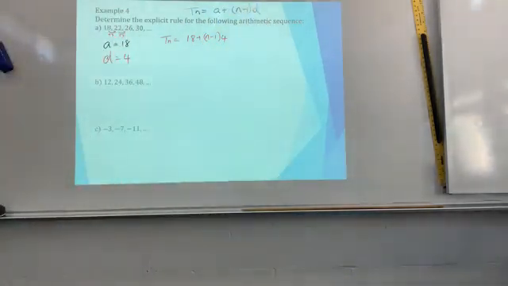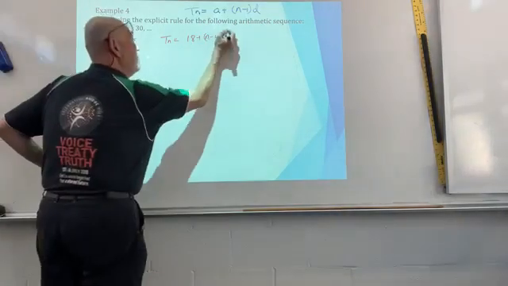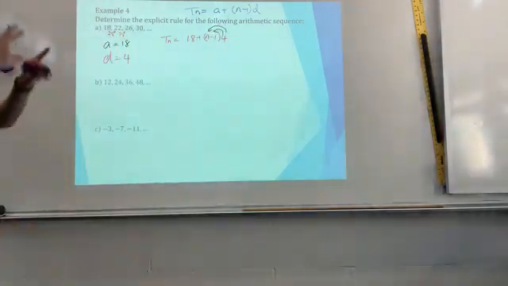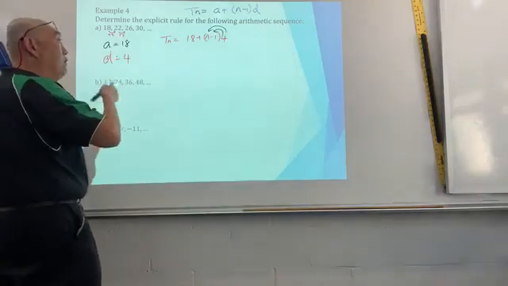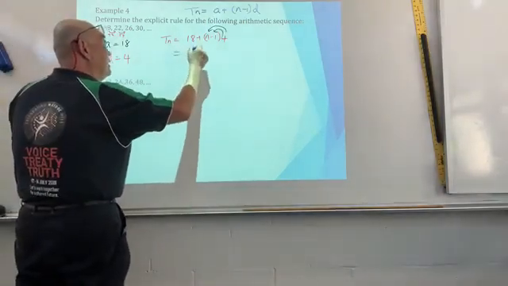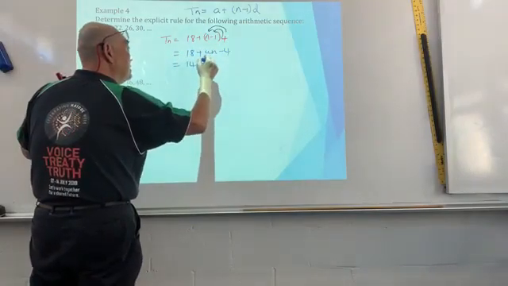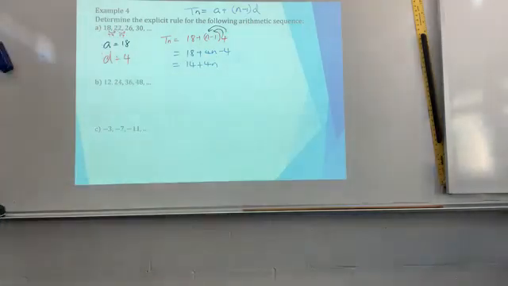Alright? n can be any term. So, now in the exam, especially the school-based exam, I would suggest that you multiply that in and simplify the terms. So therefore, this becomes 18 plus 4n minus 4, which is 14 plus 4n. Right? Now, for external exams, the marking hasn't been really consistent in terms of marking behavior.